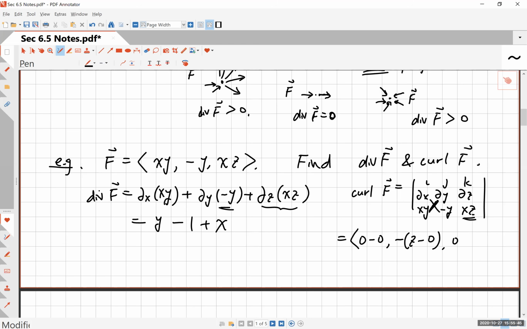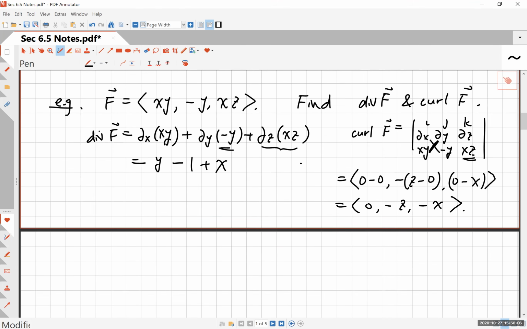And you take xy and differentiate it with respect to y, which is x. So the answer will be 0, negative z, and negative x. This will be the curl of f at any given point x, y, z. So it's not difficult to find these things, right?